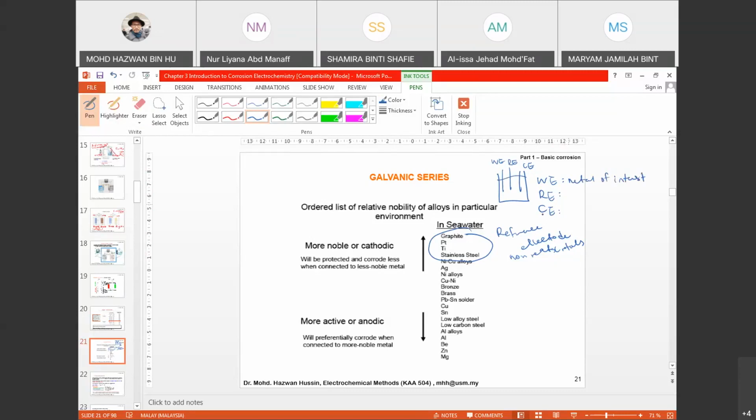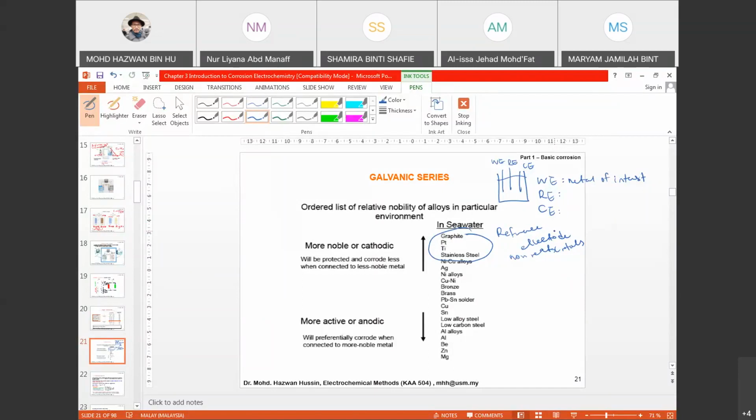Reference electrode. Jihad, what's the function of the reference electrode? Reference electrode, metal or electrode to be reference, should be non-reactive, or no, that's not.